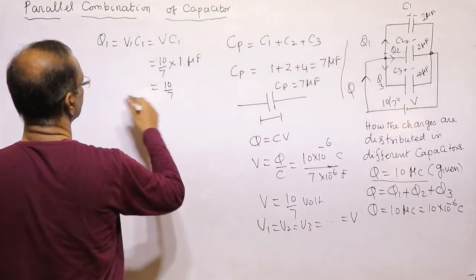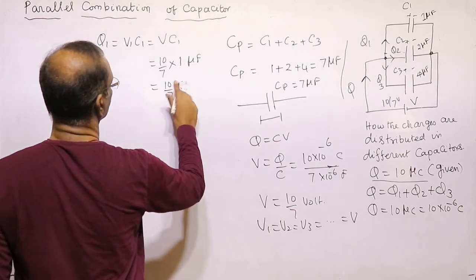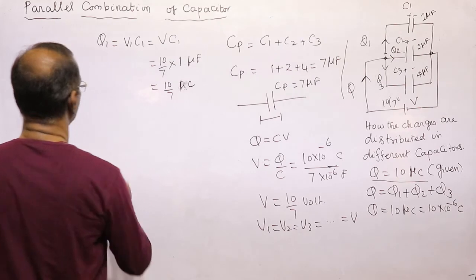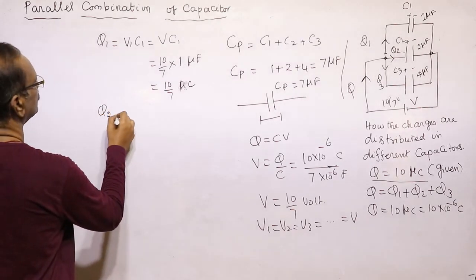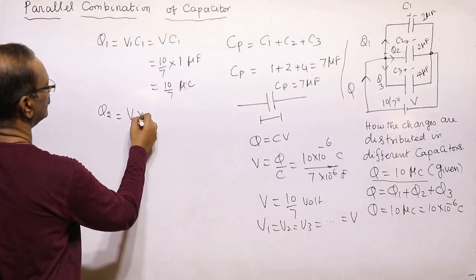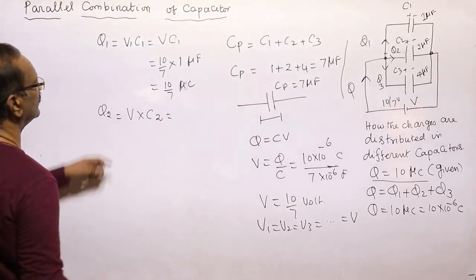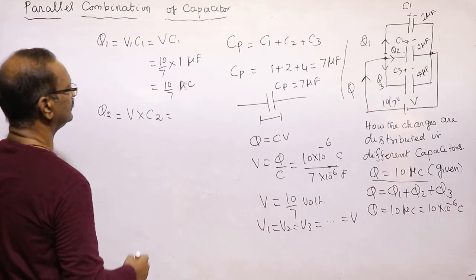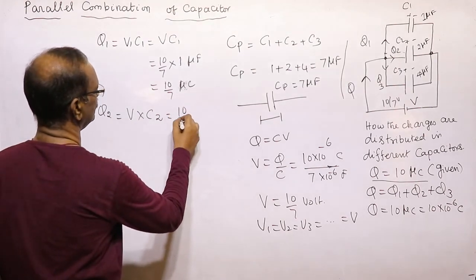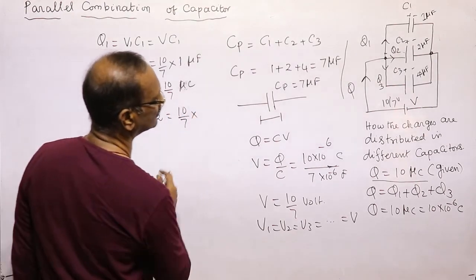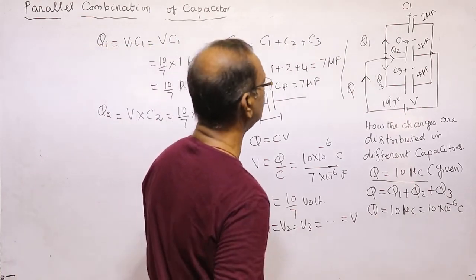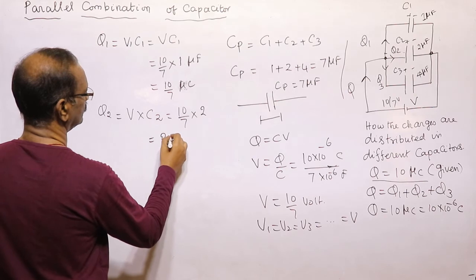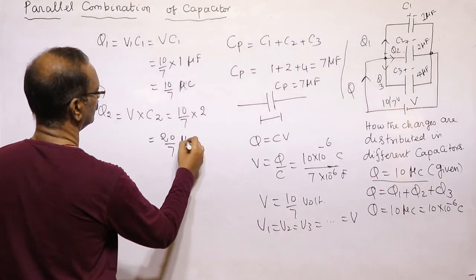The charge is in microcoulomb. And Q2 is equal to V into C2, where V is 10 by 7 and C2 is 2 microfarad, so it is equal to 20 by 7 microcoulomb.